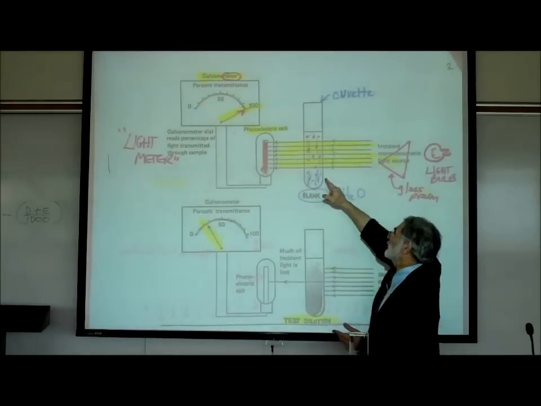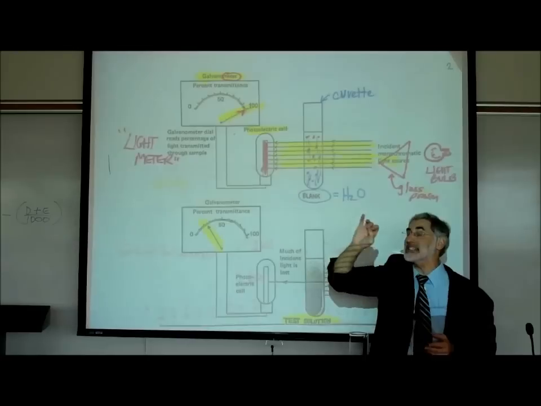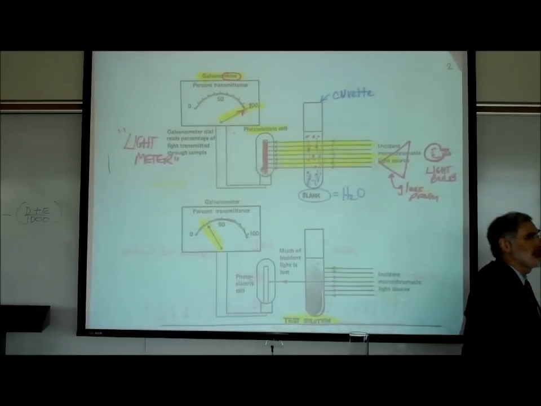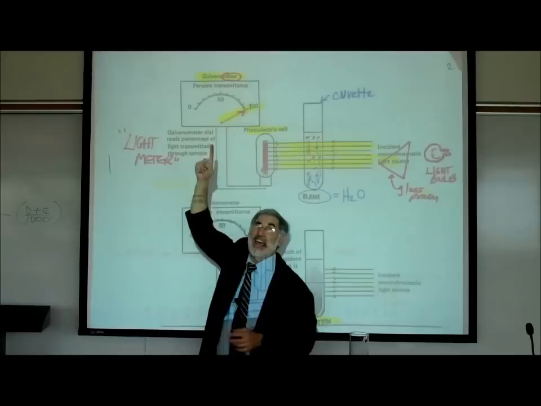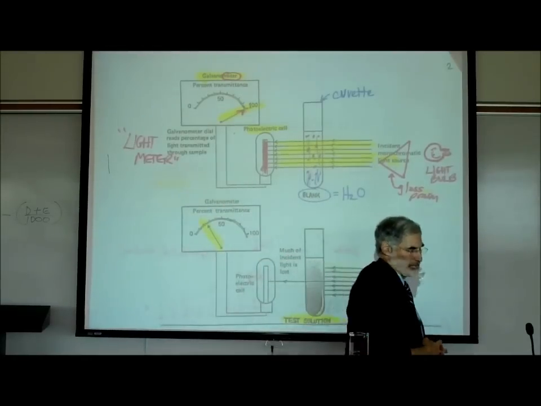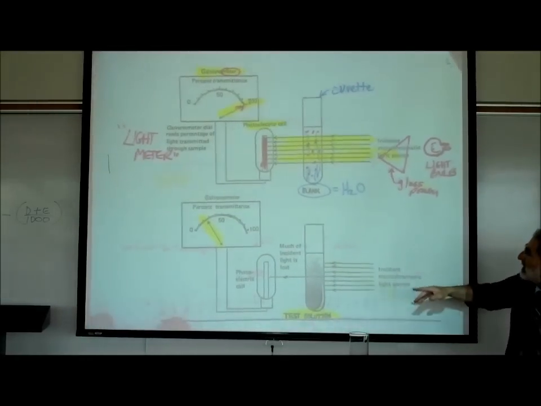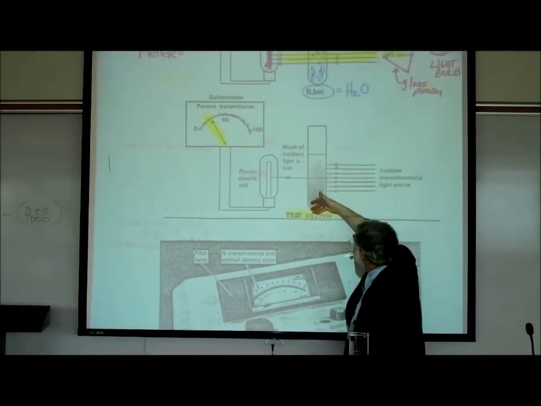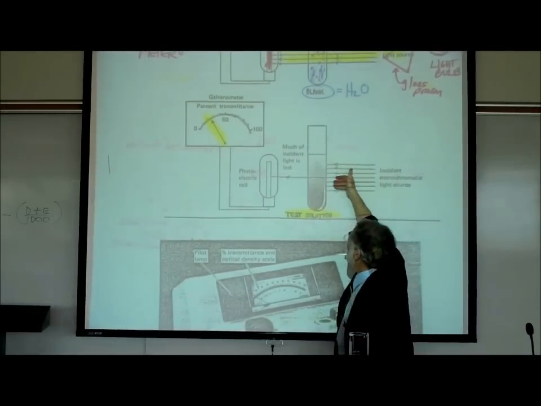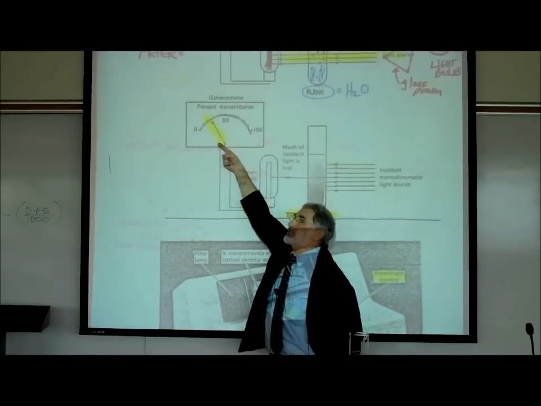So the more sugar that's in this solution, the less light that gets transmitted through that solution. And that's going to show up on the light meter as less and less light, percent transmittance of light. That's really what it shows here. Here we have a test solution with sugar in it, and obviously less light gets transmitted through it.